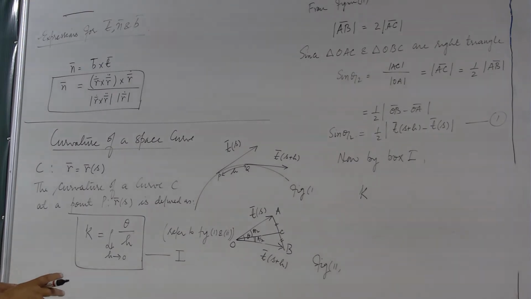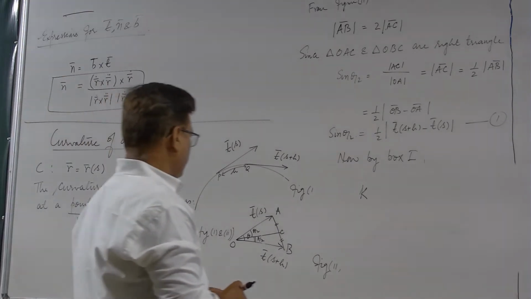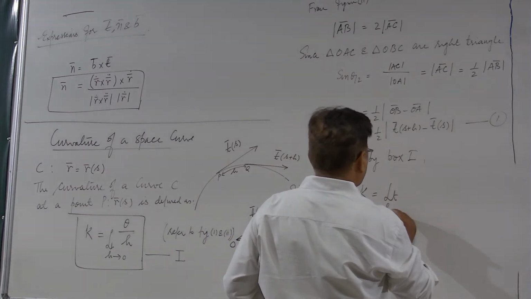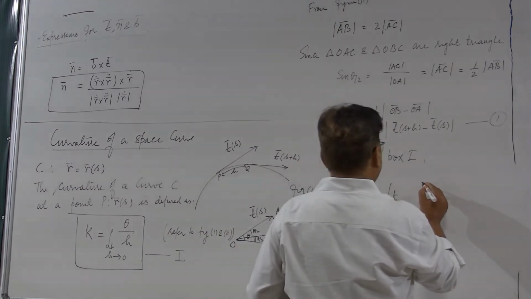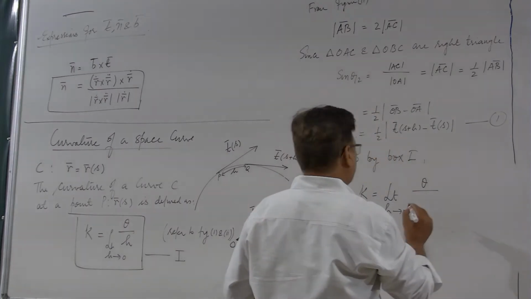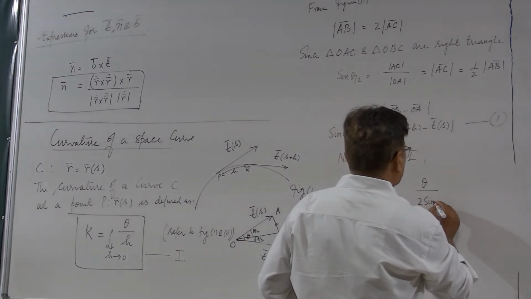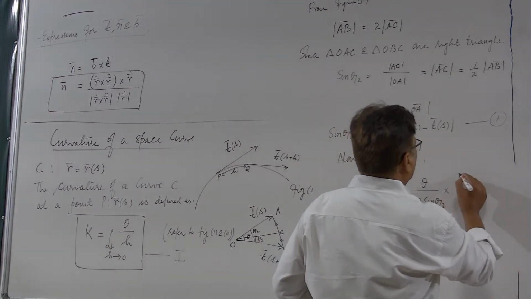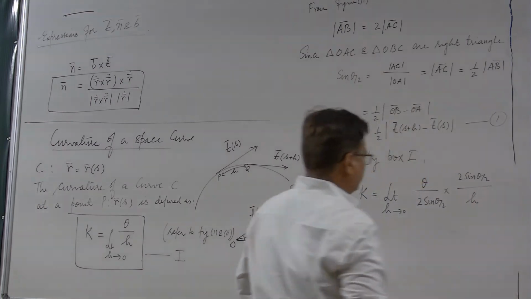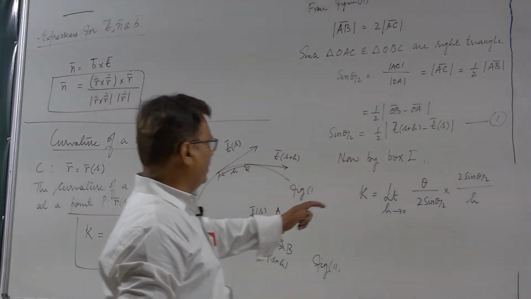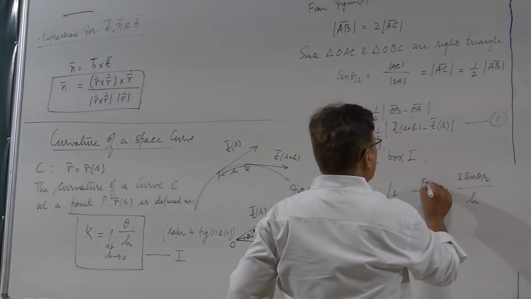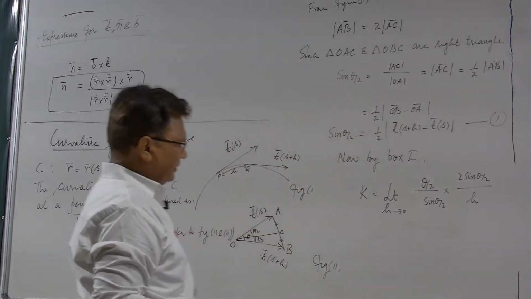I am computing it only at a point P. So, k equal to limit h tends to 0 of theta upon h, now I will multiply and divide by 2 sin theta by 2, and multiply also by 2 sin theta by 2 upon h, and the value of sin theta by 2 I will put from here. So, this 2 I can send up and it becomes sin theta by 2 like this.